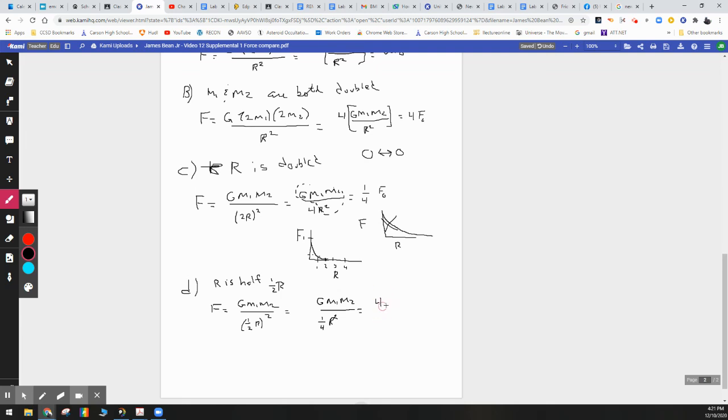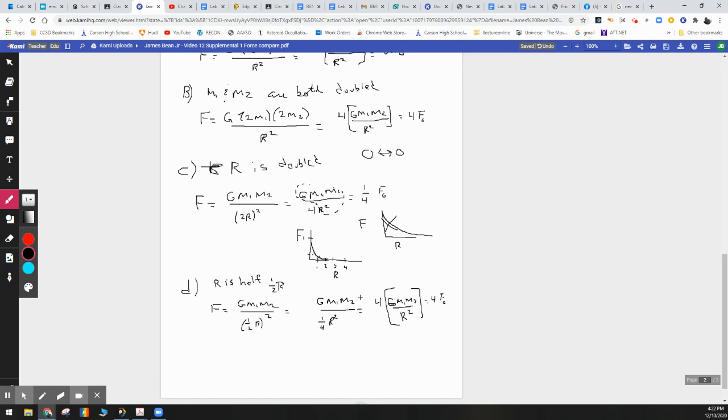We'll flip it. This now becomes 4 times G, m1, m2, all divided by r squared, like so. So this here is my F0, so we can see this is 4 times the original force. So if we cut the distance in half, it's the opposite of before: the force of attraction increases by 4.